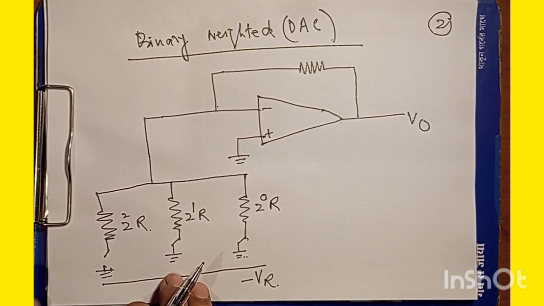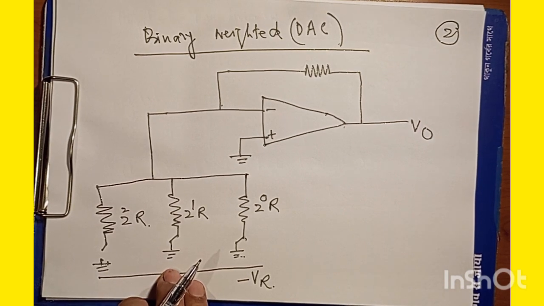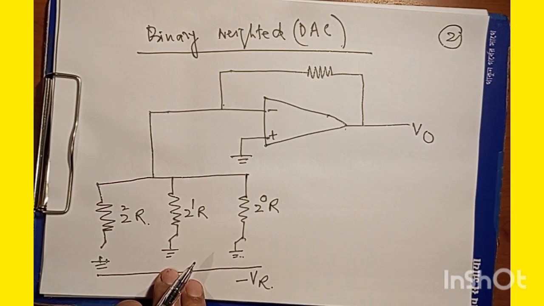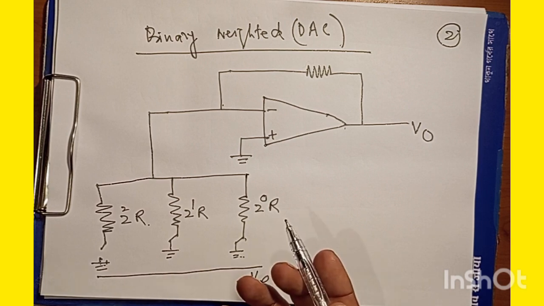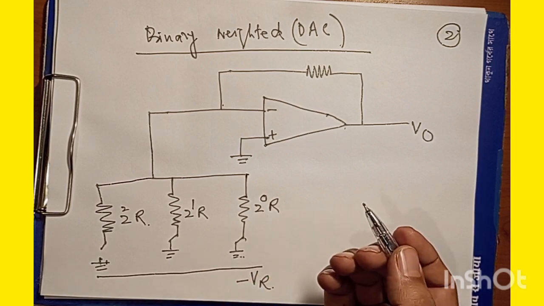So if you recall, the bits of a binary number can have only one of two values, as I told in the beginning. It can be either 0 or it can be 1.